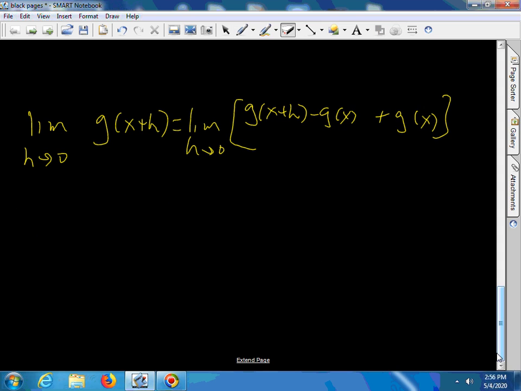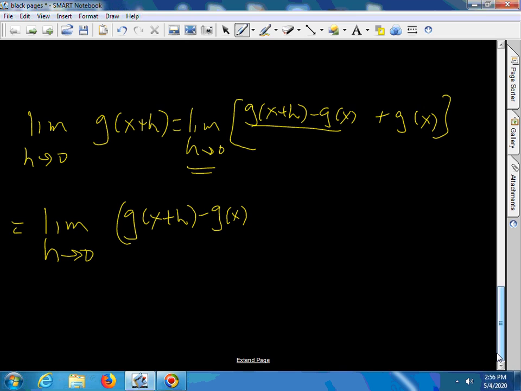Now remember, h is not 0. So h over h is not 0. So what I'm going to do is take this piece and multiply it by 1 as h over h. Plus, let's not forget that.